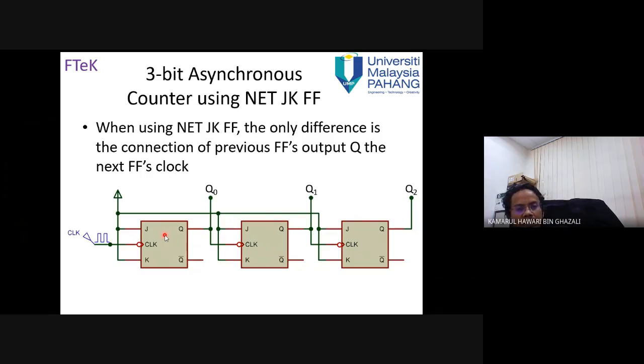When using negative edge JK flip-flops, the only difference is the connection of the previous output Q to the clock of the next flip-flop. It is only at this Q. This Q, which was Q bar before, now Q becomes the input to the clock of the next flip-flop.